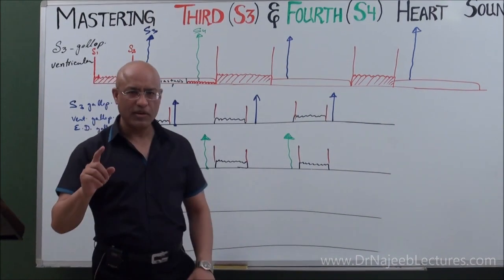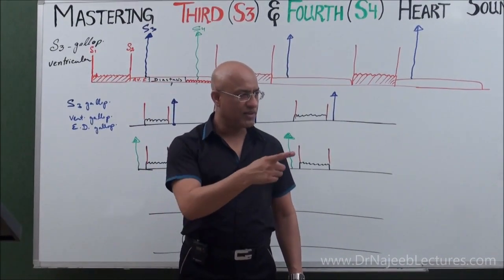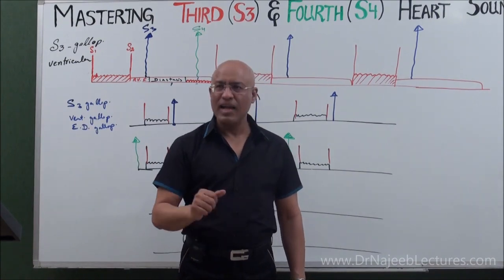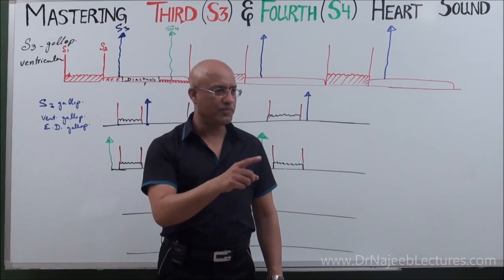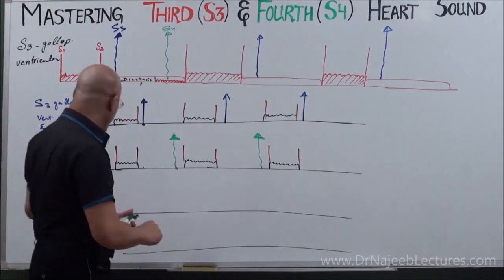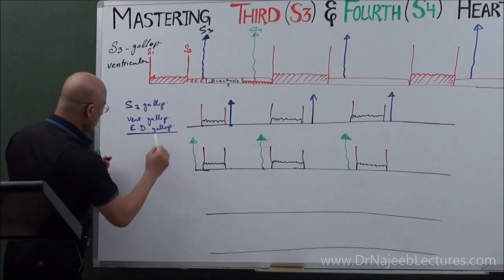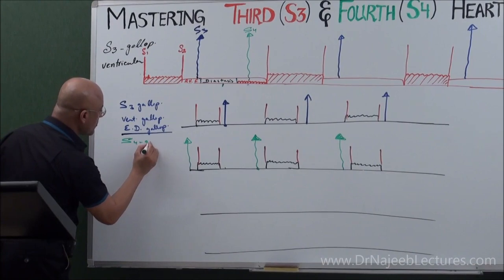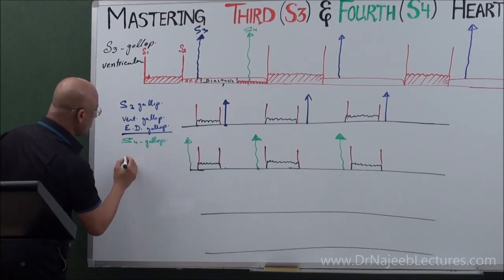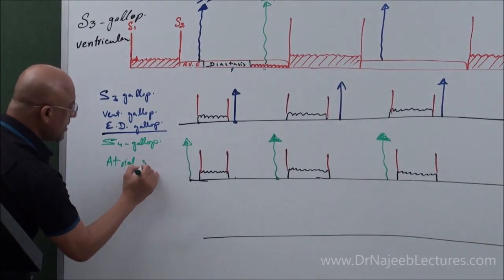So if the pattern is lub-dub-ta, it is the third heart sound. And if the pattern is ta-lub-dub, it is the fourth heart sound. This is considered an S4 gallop, or an atrial gallop, because it is due to the atria.